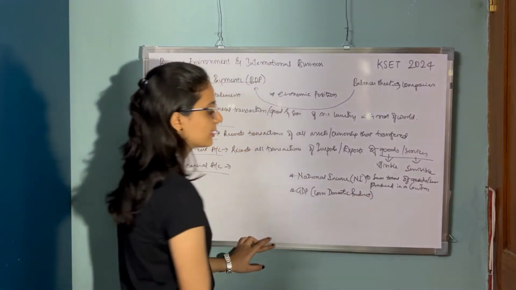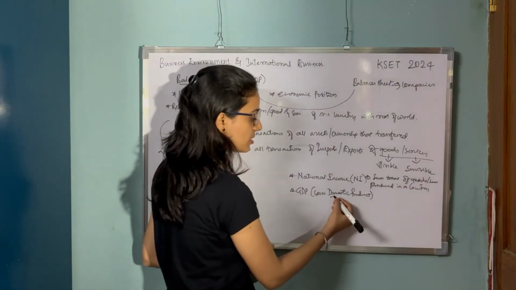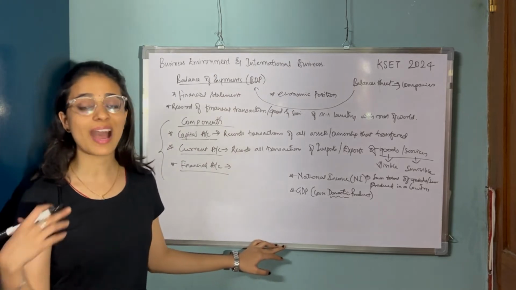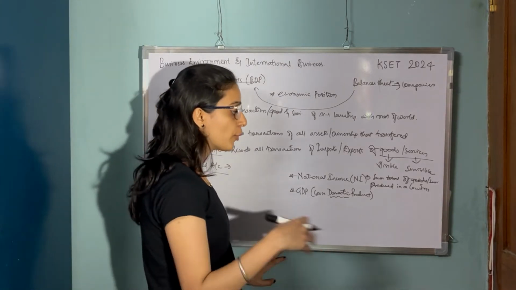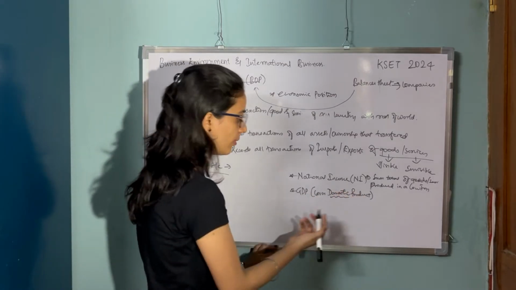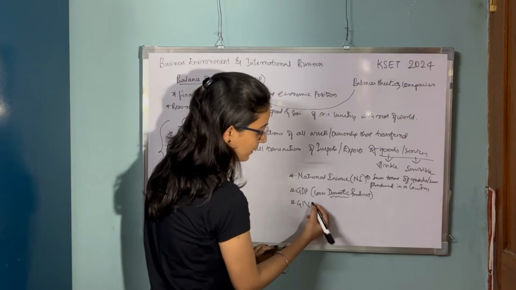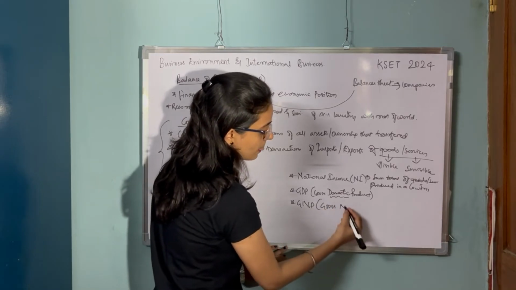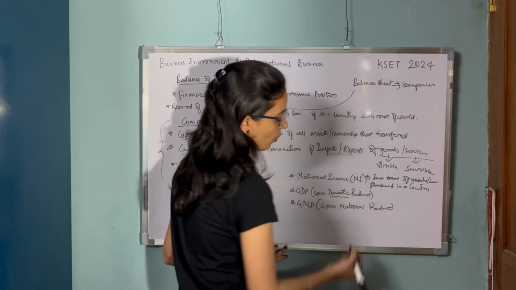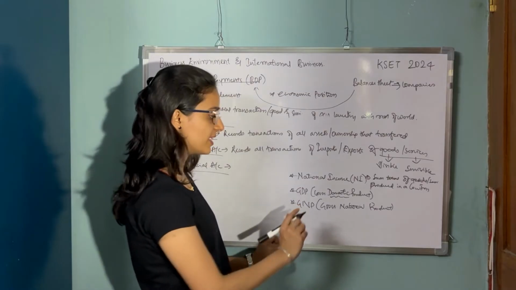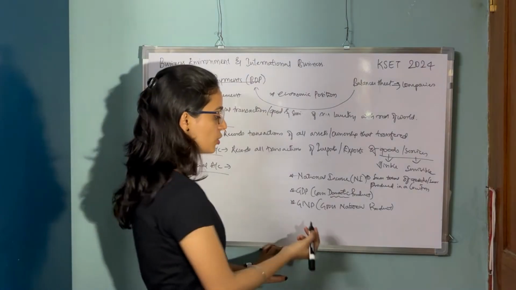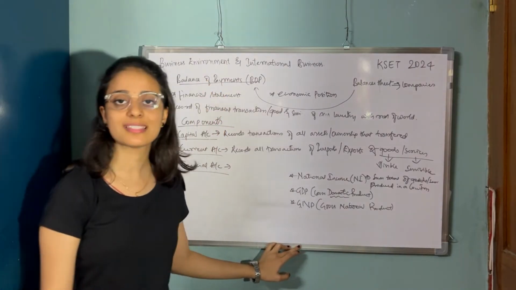Gross domestic product is goods and services which are produced within the country. Domestic goods and services, the value of goods and services which are produced within the country is known as gross domestic product. Then GNP, gross national product. So goods and services produced by the residents irrespective of within the country or outside the borders. So that is GNP, gross national product.